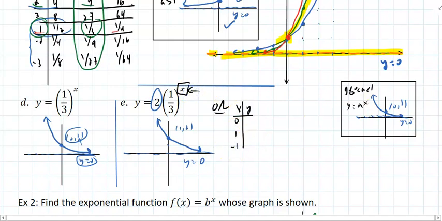That gives you 3 points. You need to get an idea of how that looks. Put 0 in there. 2 to the 0 is 1, times 2, that's 2. Put a 1 in there. 2 times 1 is 2/3. And put a negative 1 in there. That will be 2 times (1/3) to the negative 1. That will be 2 times 3, that's 6.